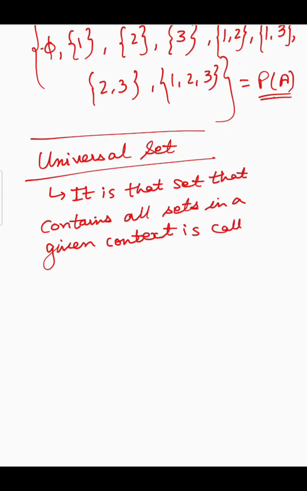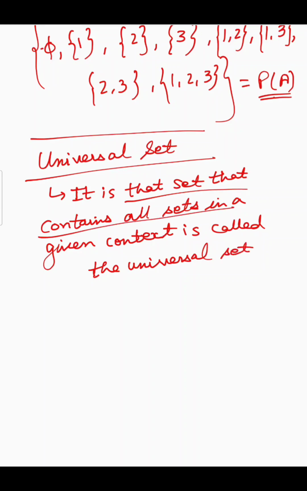That is called the universal set. That is the set that contains all the other sets.